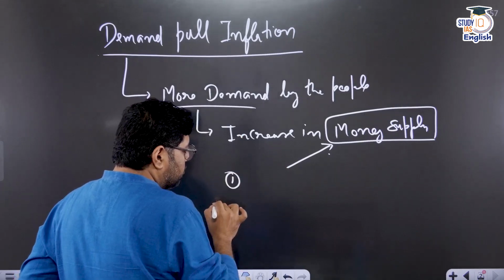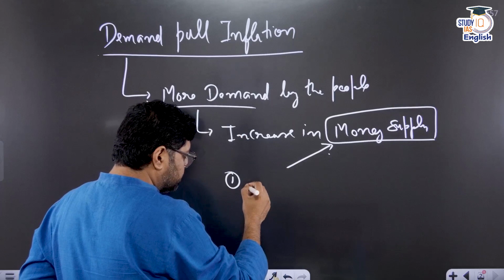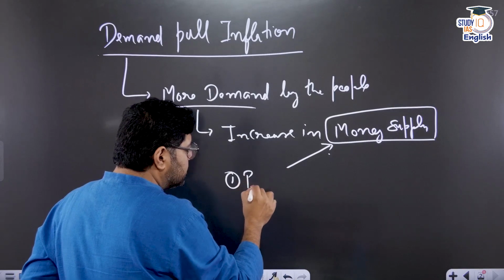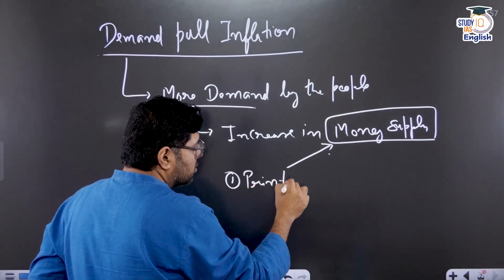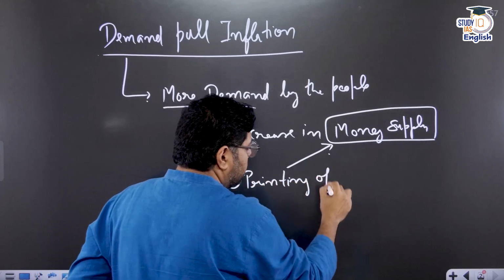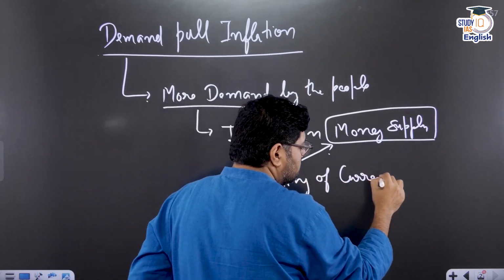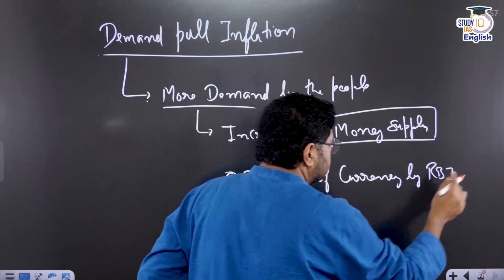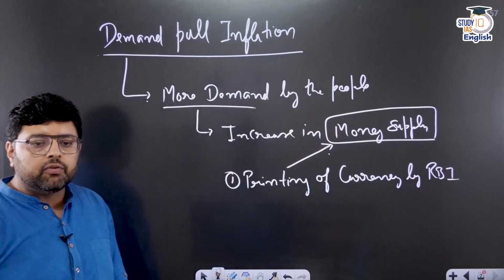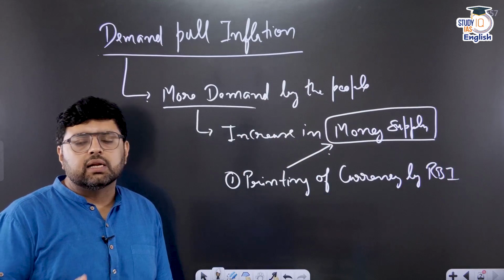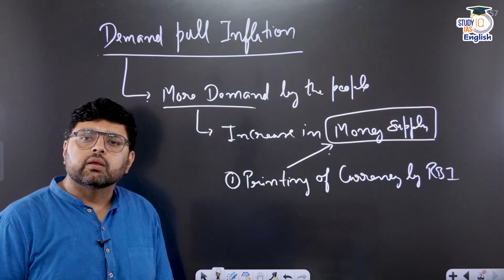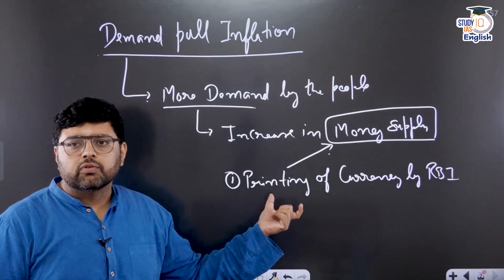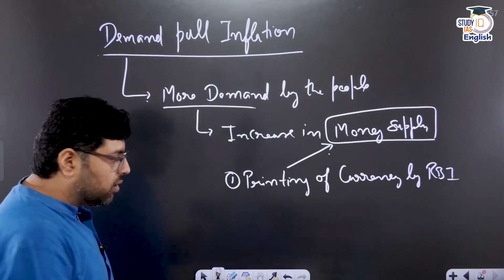Number one, for example, printing of currency by the RBI. If RBI prints the currency and releases that money in the market, this is called printing of currency by RBI. So this is what you have to remember.